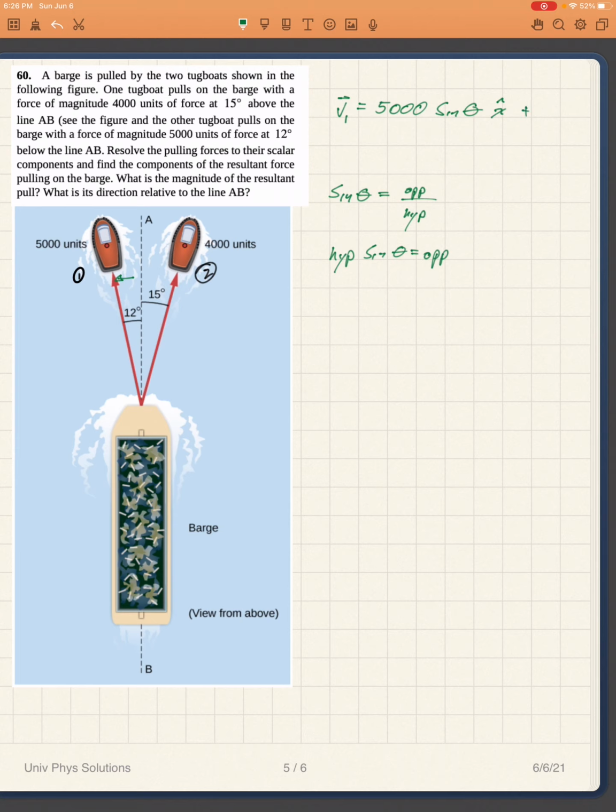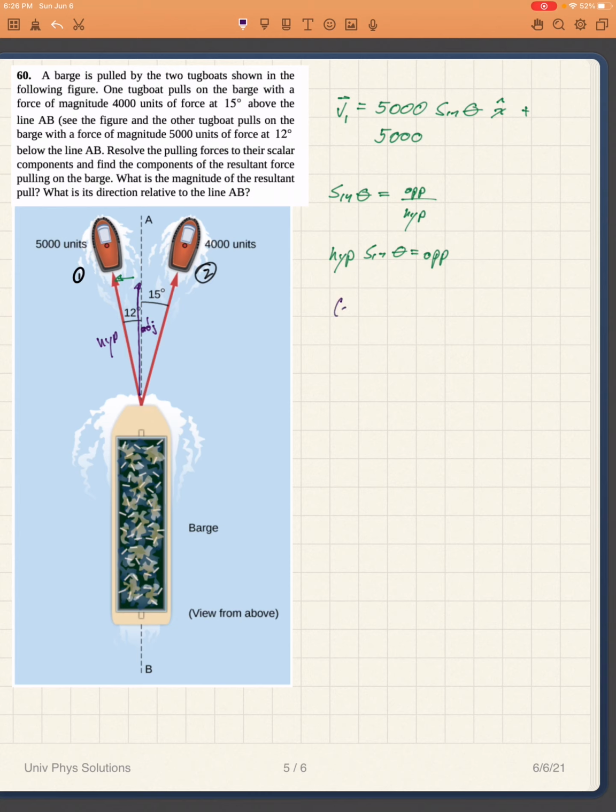Now its y component is going to be something similar. Again, I'm going to have the magnitude, 5,000, times a trigonometric function. As you may recall, the cosine of theta would be the adjacent side over the hypotenuse.